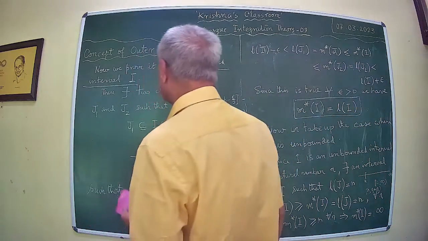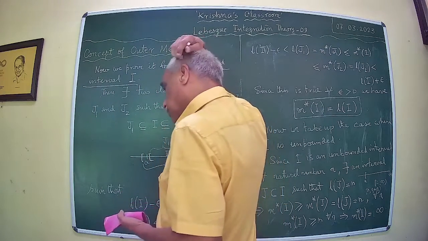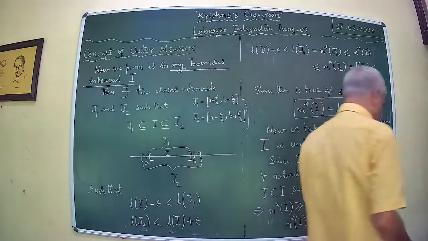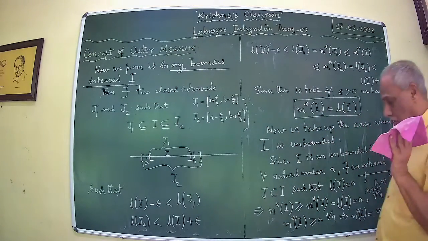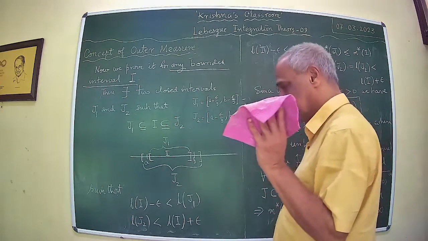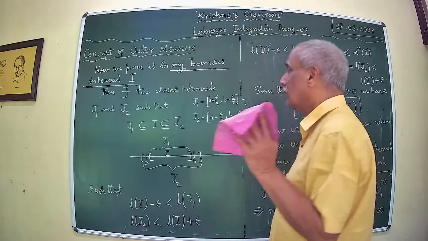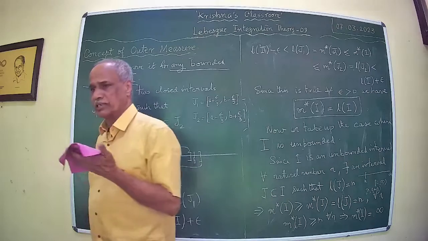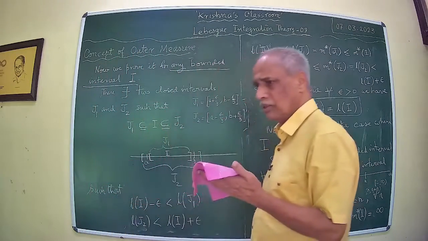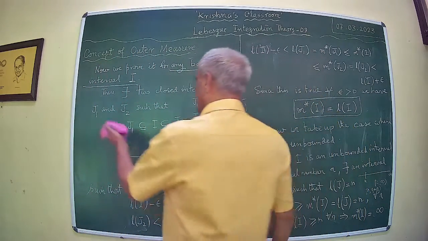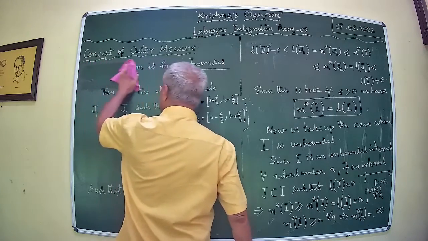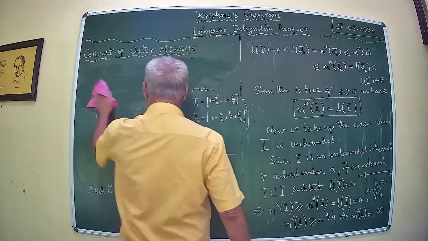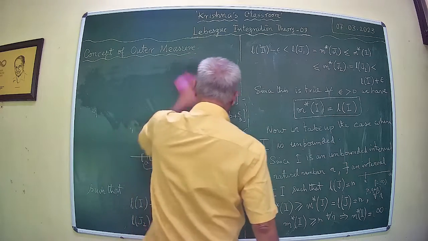Therefore, in all these cases we found that you choose any interval, whether it is bounded or unbounded, open, closed, or one side open and the other side closed, you always get the m star, that is the outer measure, equal to the length of the interval. That is one of the major requirements that we need for the outer measure.